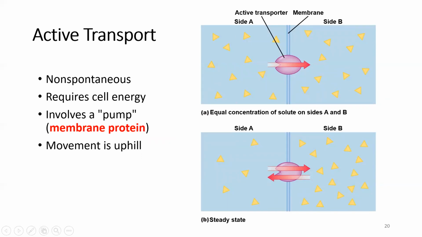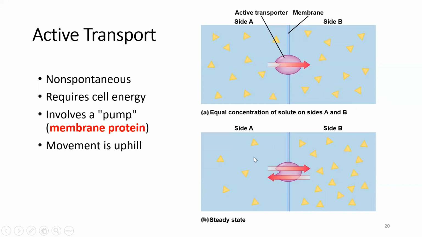If we think about the images here on the right, if we've got equal concentrations on both sides, we have an active transporter in the membrane that's separating these two sides. We're going to see movement of particles from one side to the other.